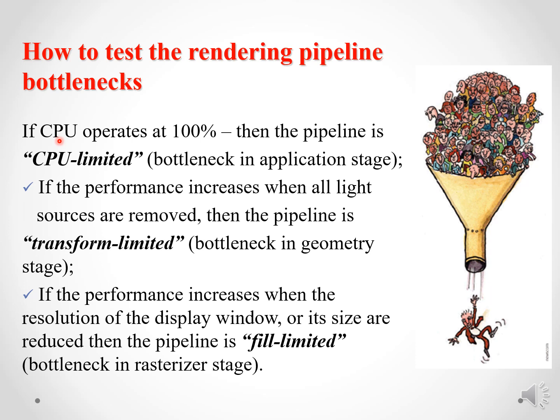If your CPU operates at 100%, then the pipeline is called CPU limited. That means there is a bottleneck in the application stage. There is a flow that is not smooth inside this application stage. But what if the performance increases when all the light sources are removed?